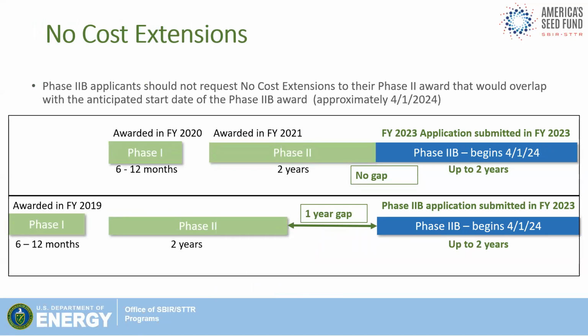And the same with the phase 2B. You want to make sure that you're going to finish your initial phase 2 by April 1st in order to be able to begin your phase 2B award.